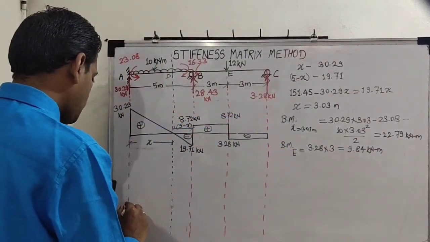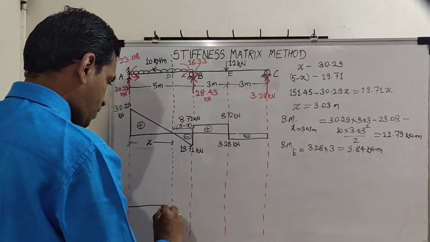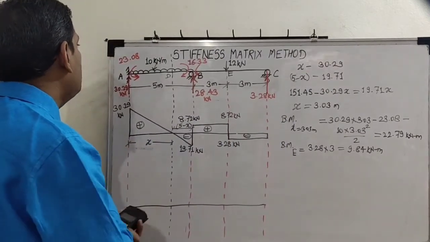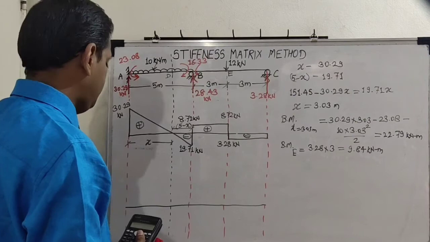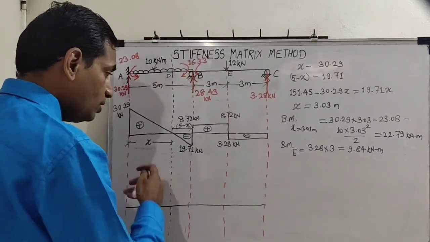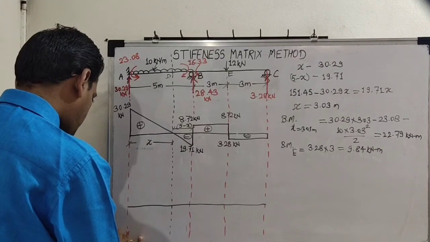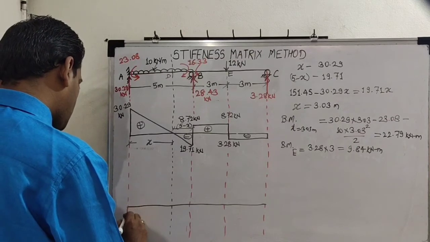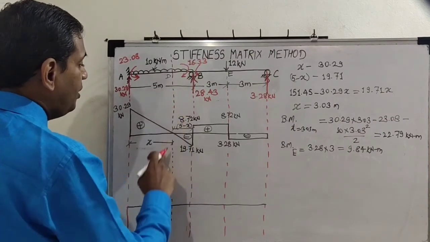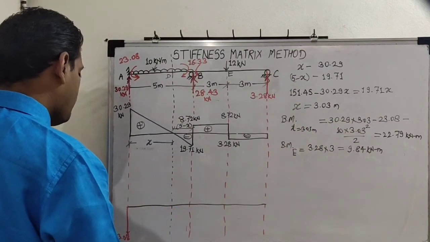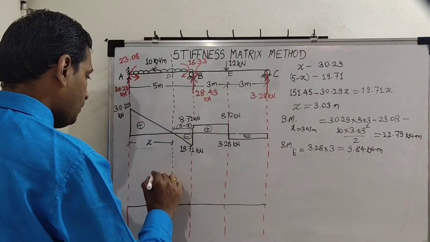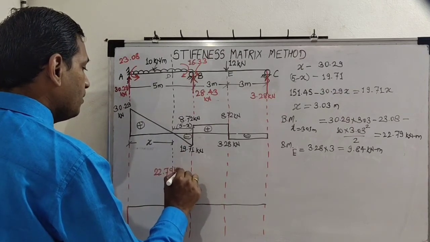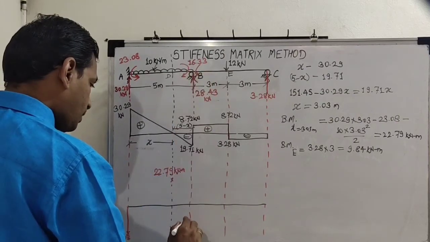So let us now draw the bending moment diagram on the tension side. First value is minus 23.08, so it will be somewhere here below the reference line. Next, under D, the value is plus 22.79 kilonewton meter. Here 16.33.